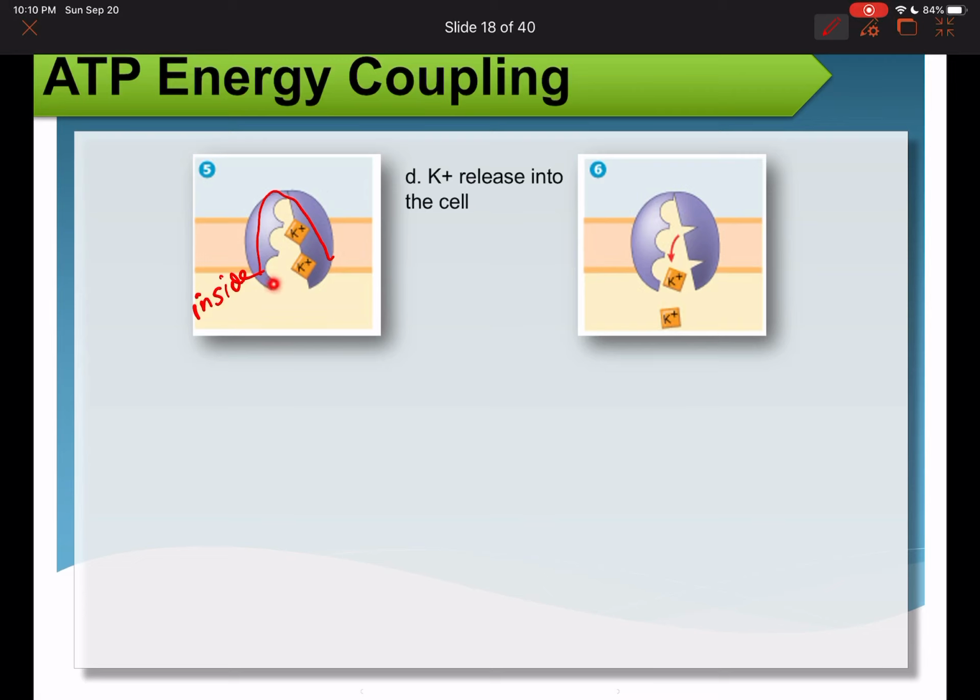Now potassium ions will come out of their pockets because that pocket is going to change in shape, and now those pockets for sodium open back up again, and sodium ions can once again bind to those particular pockets to dump more sodium ions outside.